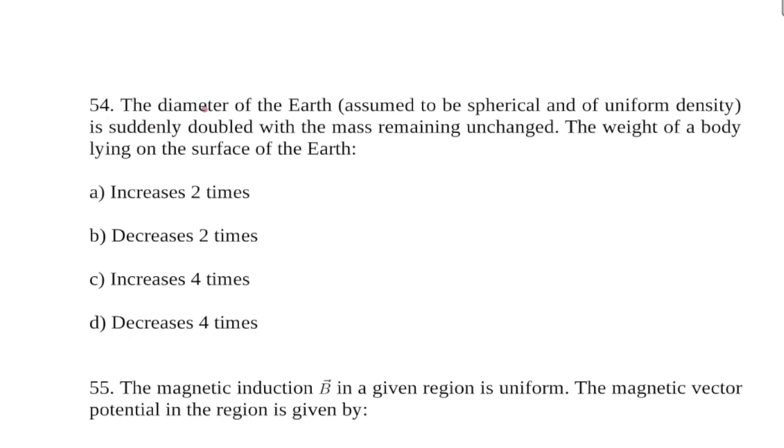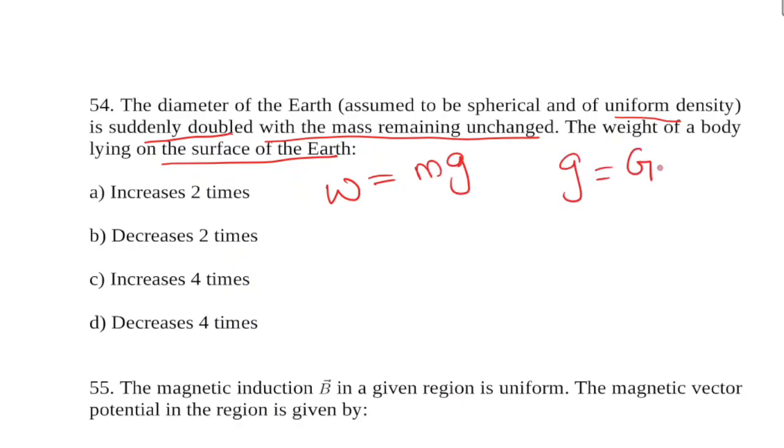Next, 54. The diameter of Earth, assumed to be spherical and of uniform density, is suddenly doubled, with the mass remaining unchanged. The weight of a body lying on the surface of Earth... So weight is given by m into g, and small g is defined as capital G M by r square.